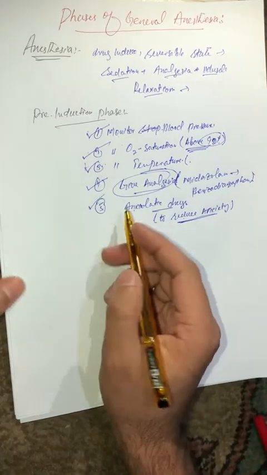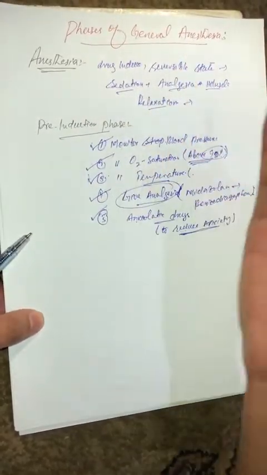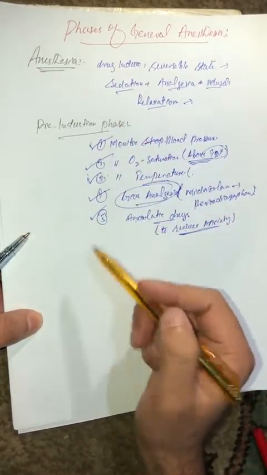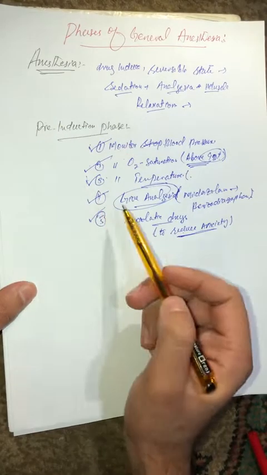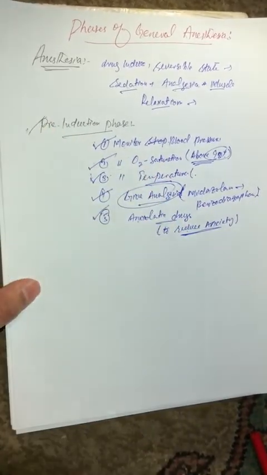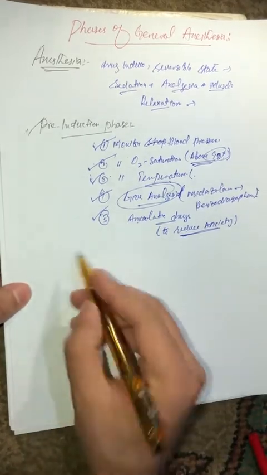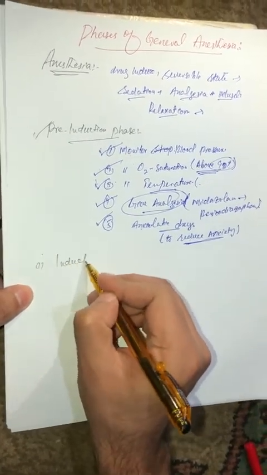Now, another stage is the phases of general anesthesia. There are three main phases which are included in the textbook, but this step is not included in some books. So you must write this phase too. The first phase, according to the book, is induction.